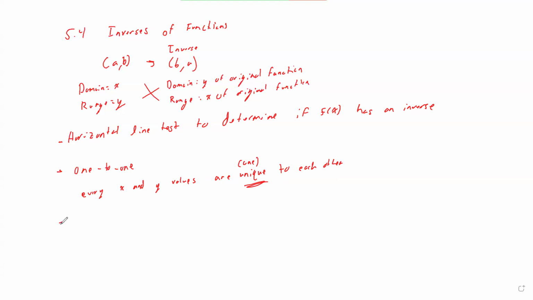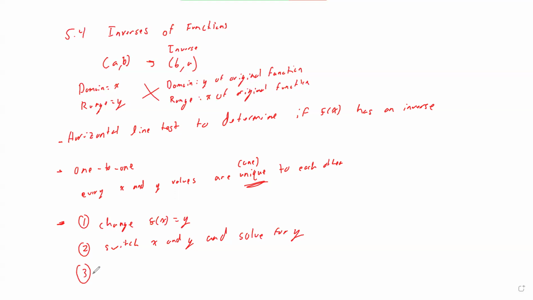The next thing is you need to be able to find the inverse. So it's 3 steps. We're going to change f of x to a y, switch x and y, and solve for y.